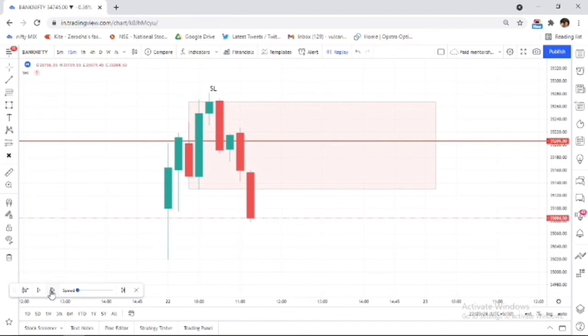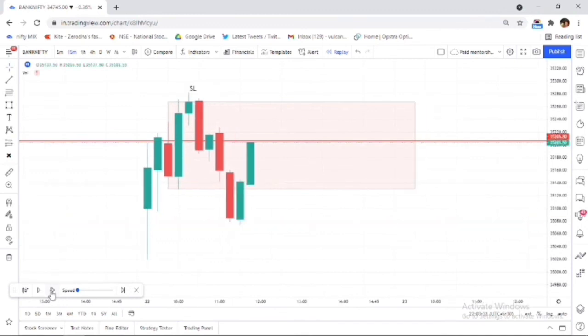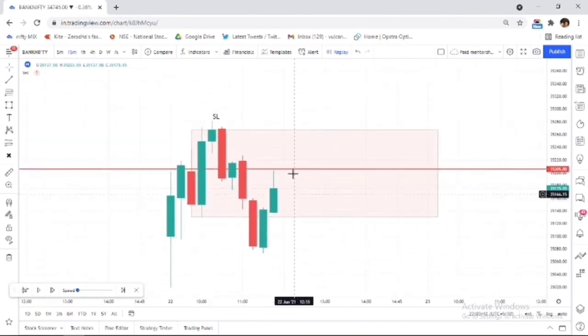Now the market is coming with bullish momentum, and did you see that the market just touched my threshold line, felt resistance and went back a little bit, and that was my selling entry.